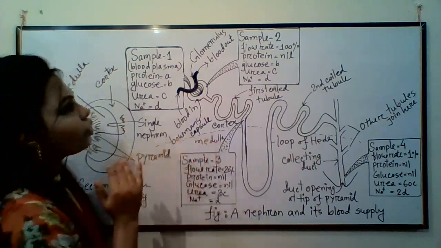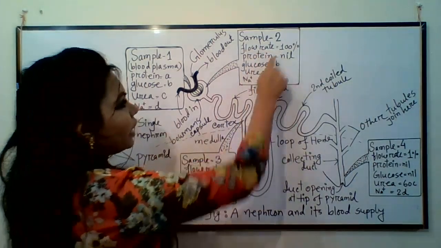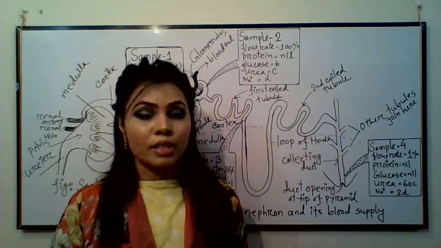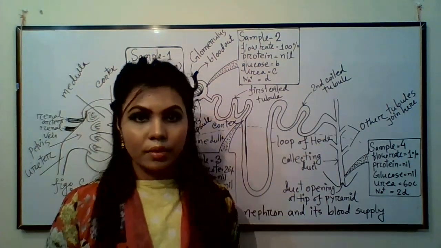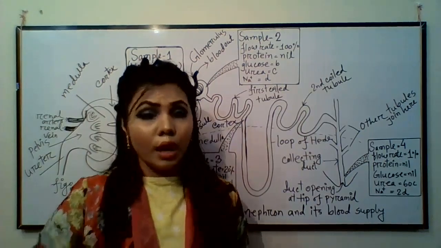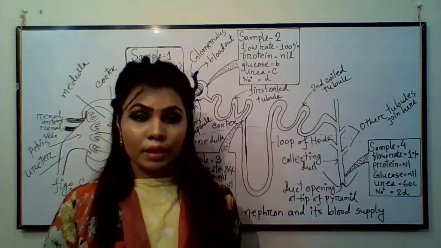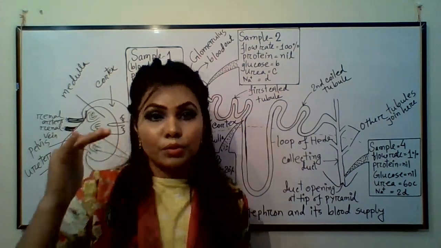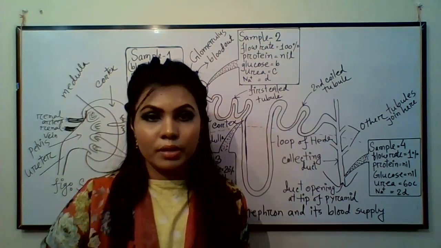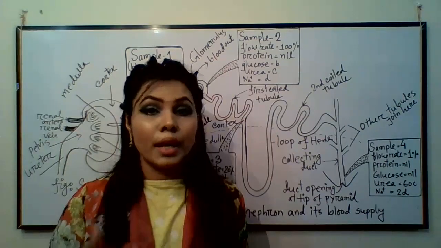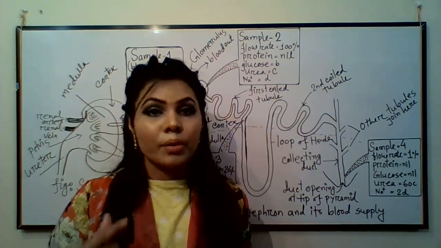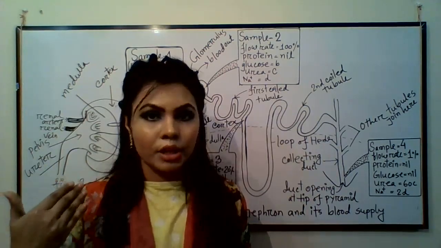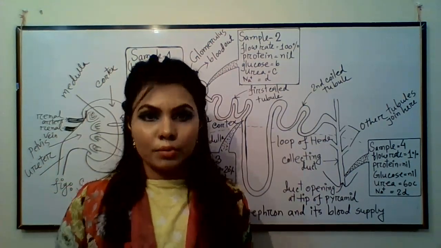Then there is also the flow rate, and this flow rate measures how much water is in the tubules. So how will we understand? If the flow rate falls from 100% to 50%, at that time we have to understand that 50% of the water has been passed back into the blood, or reabsorbed.